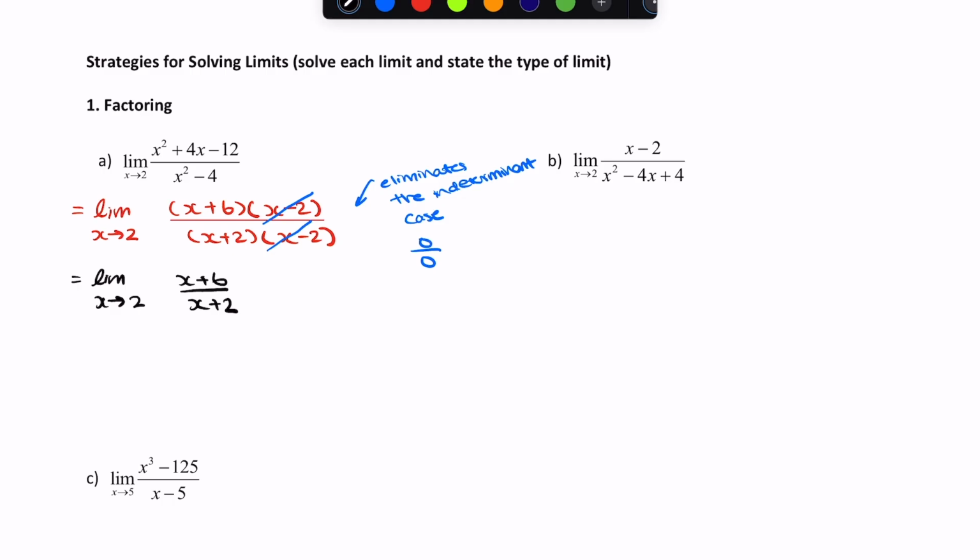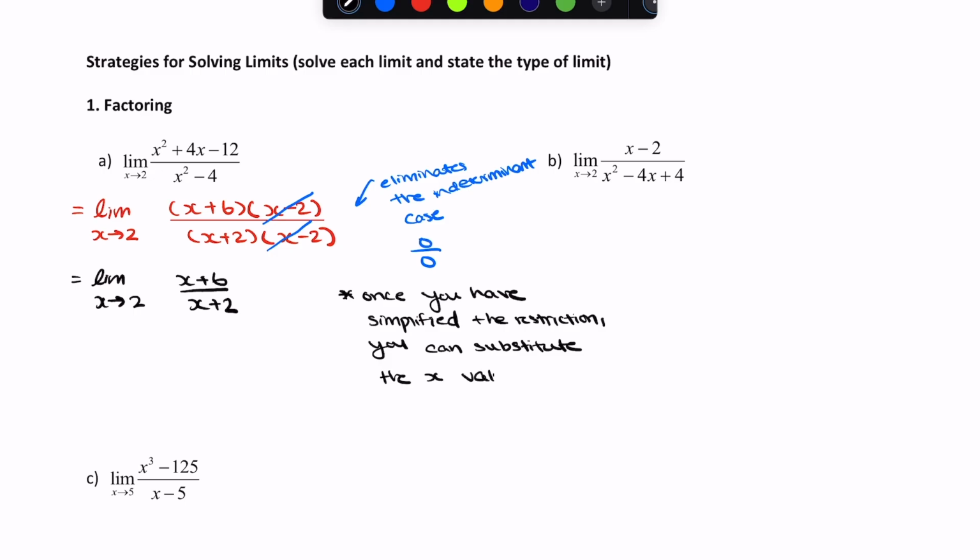Once you have simplified the restriction, you can use direct substitution, or you can substitute the x value to solve for the limit.